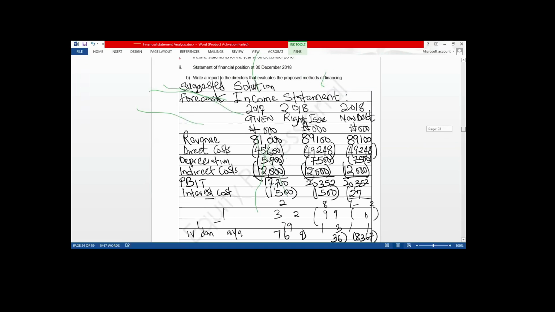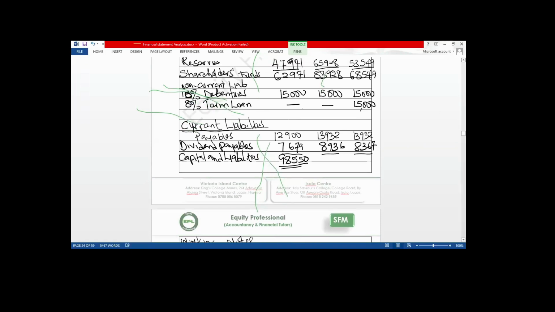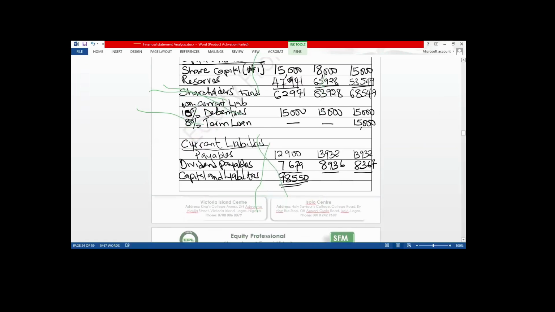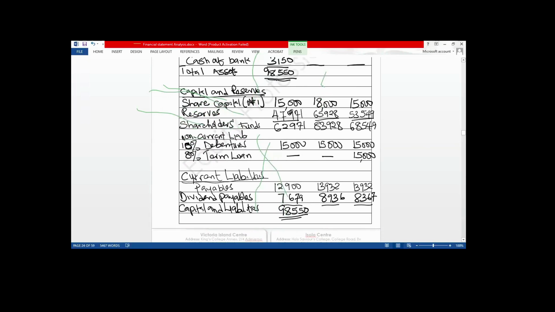Look at the total assets. Why are you going too far? The total assets here for 2017 are 89,550. Total assets equal capital plus liabilities. Accounting equation.